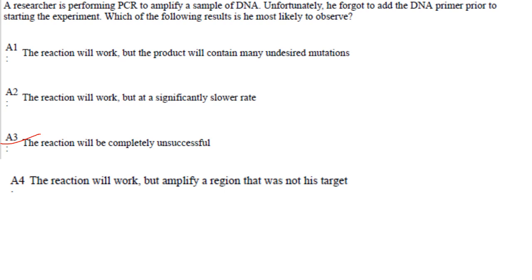The reaction will be completely unsuccessful. The reaction will work, but amplify a region that was not his target. So without primers, there is no way for DNA polymerase to function. So the reaction will be completely unsuccessful. Answer is option 3.